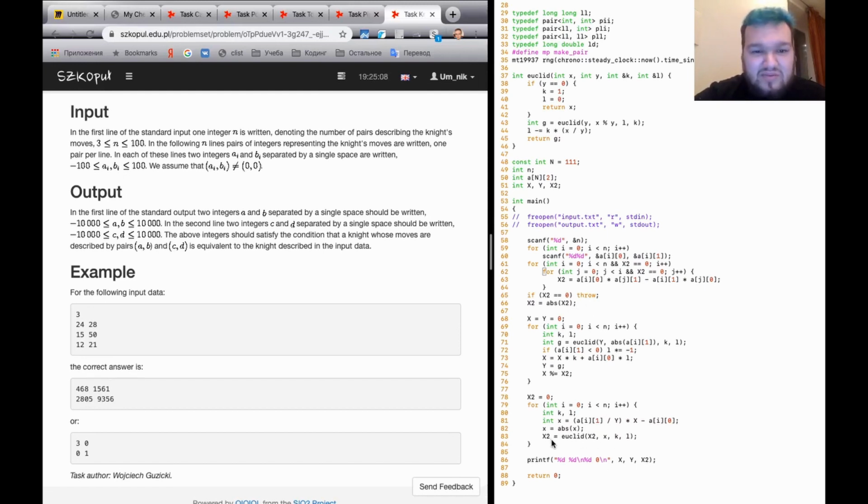But it still can be big, I think. 20,000 big. Not big, but a bit bigger than we are allowed.